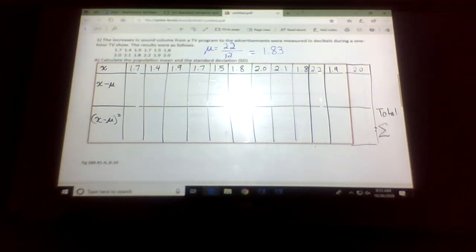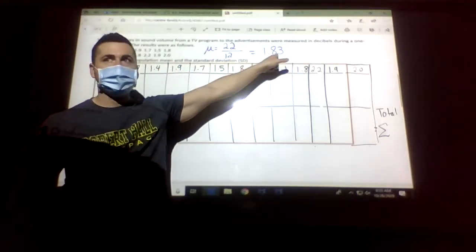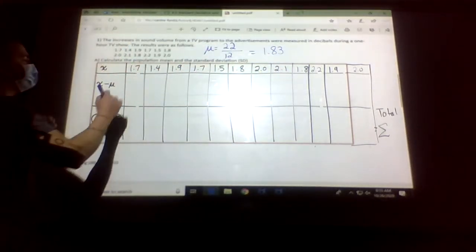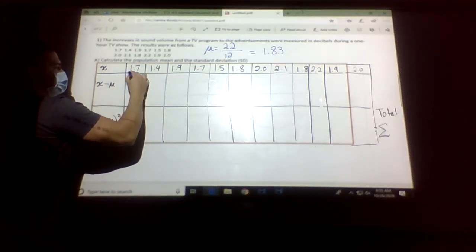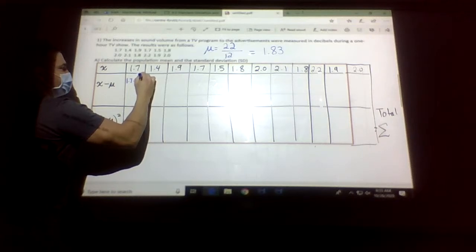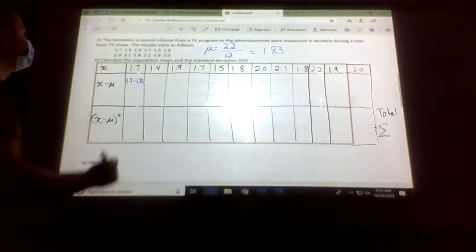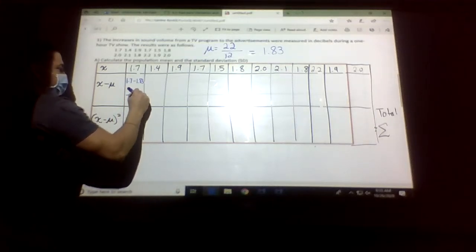Okay, so now what it tells us to do is each x value minus the average, which is 1.83. So we're going to take each one and subtract 1.83. I'll write the first couple out. So 1.7 minus 1.83 gives me negative 0.13.